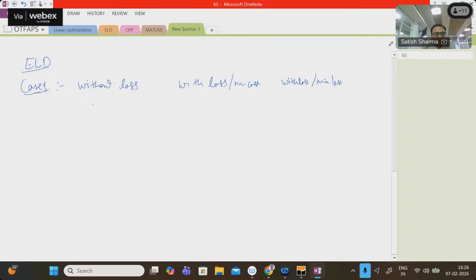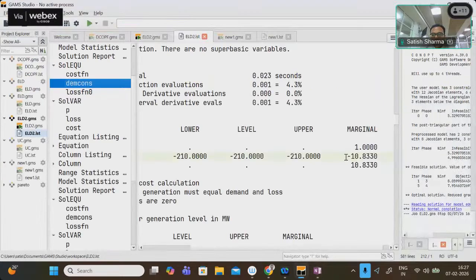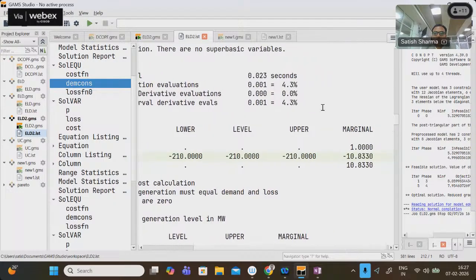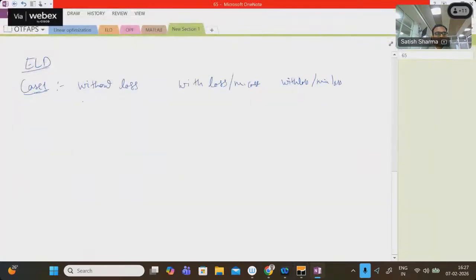So for the first case, the marginal value was 10.833. I will put 10.833 as the lambda.